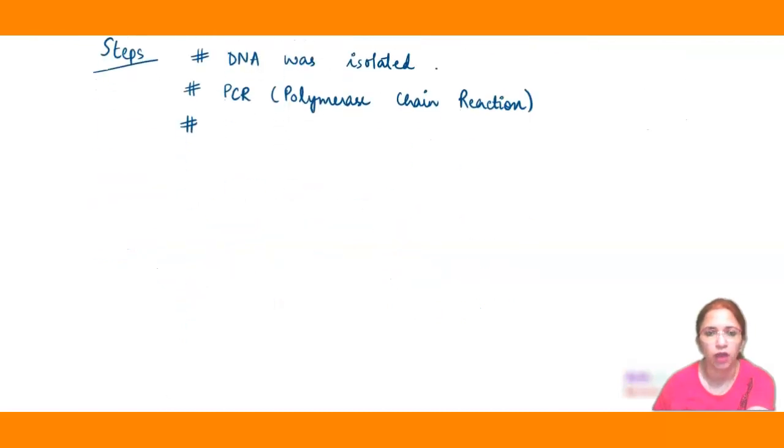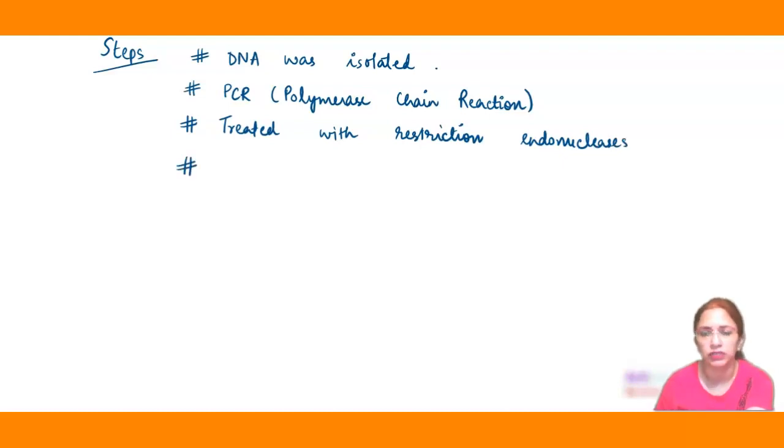Okay. Now, after DNA was isolated and if its quantity was less, polymerase chain reaction was done, and then the DNA was treated with restriction endonucleases. Restriction endonucleases are the enzymes that will break the DNA in between. The activity of these enzymes will be much clearer to you once we come to the chapter of biotech, because there it is in detail.